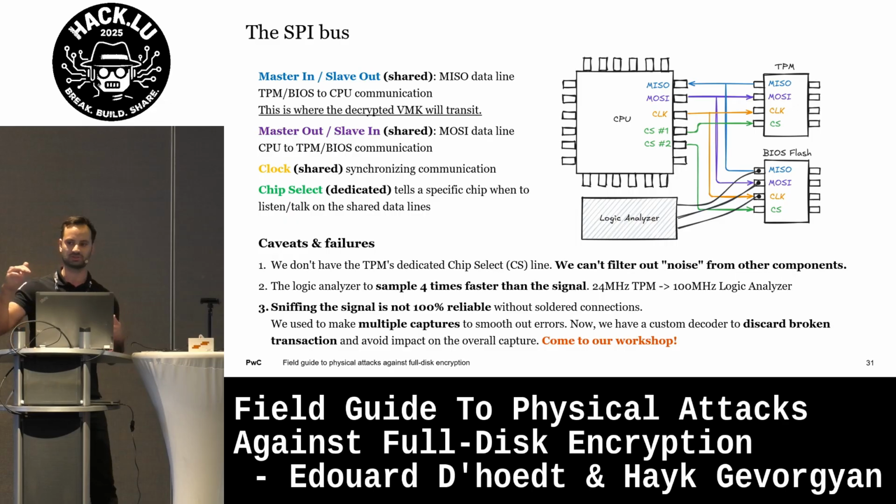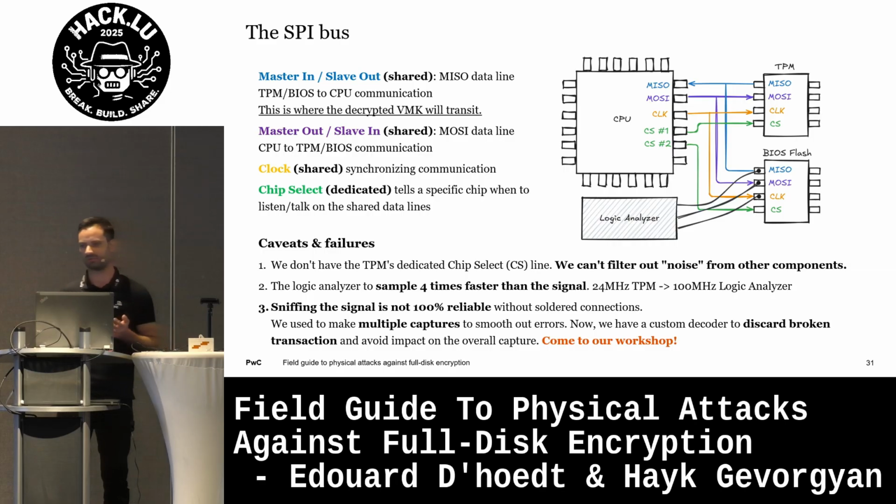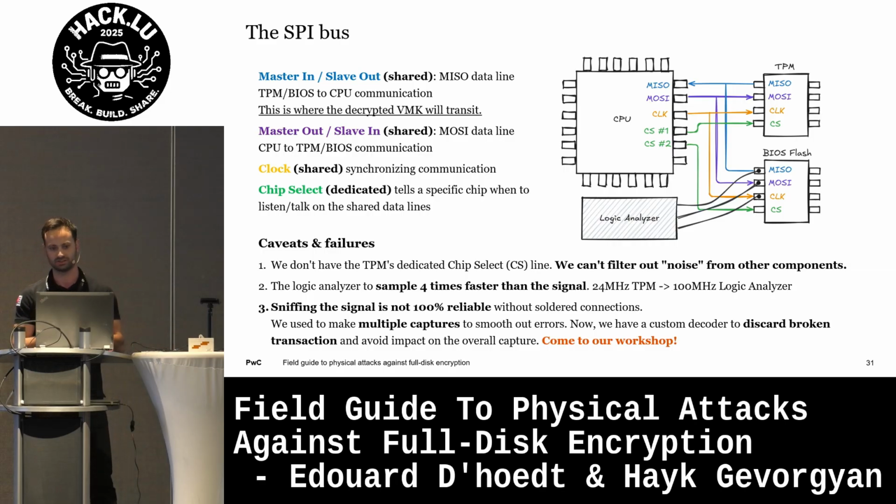If the TPM is speaking at 24 megahertz, you need to listen at least 4 or 5 times faster than the signal itself. It's not 100% reliable because we are not soldering directly on the chip itself. We are putting probes, we are putting clips, so there could be some disruptions, but usually after 1 or 2 tries, we get the key.